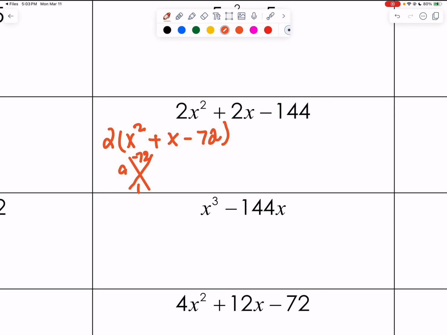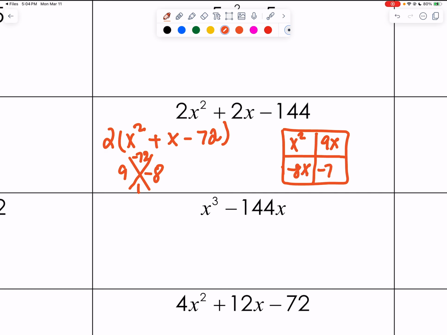Well, that's going to give us a positive 9 and a negative 8. So now I have a positive 9 and a negative 8 and a negative 72. Notice how I have a negative 72 right here instead of a negative 144. So you always want to use your GCF, the simplified form, first.